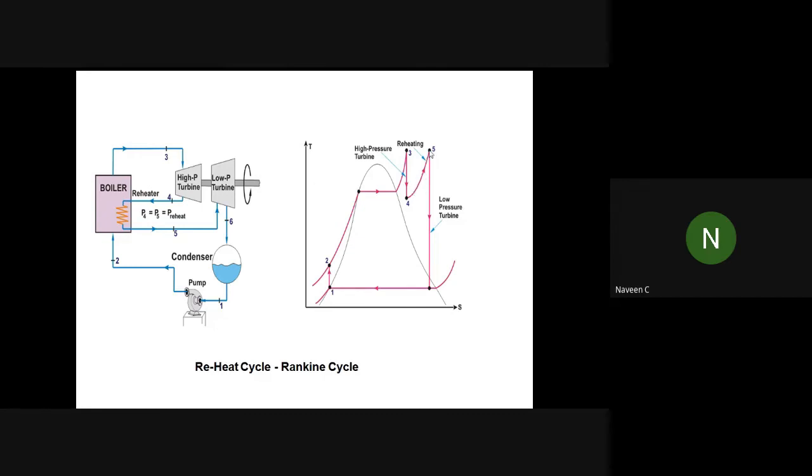Again the energy is extracted. The work is done from the low pressure turbine. So work extraction is happening from 5 to here, and from here to here is the condensation process, or we can say the rejection process.